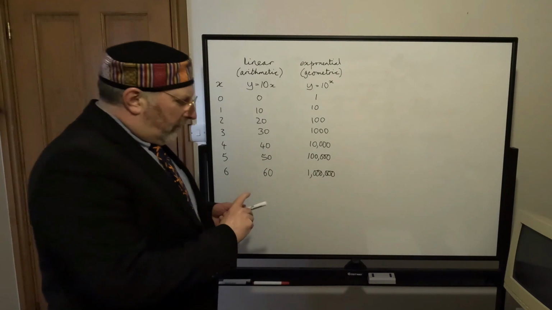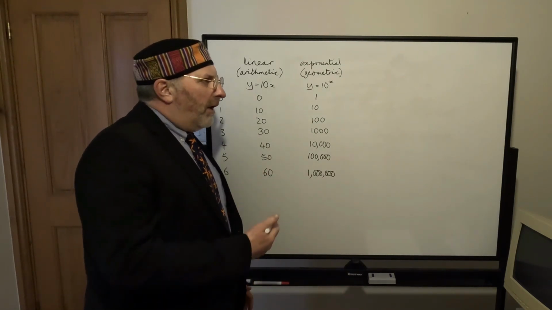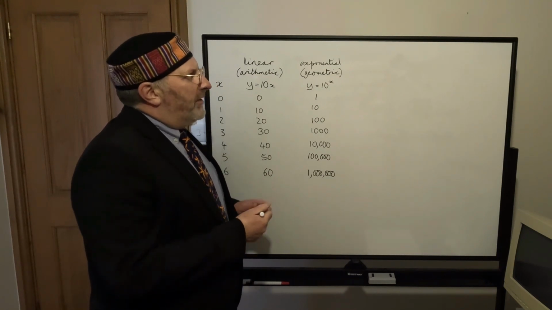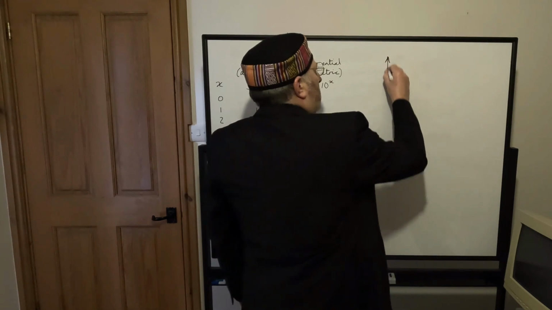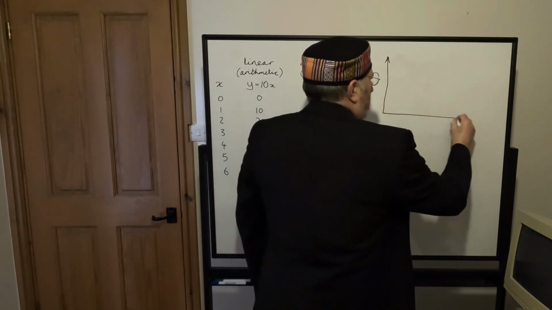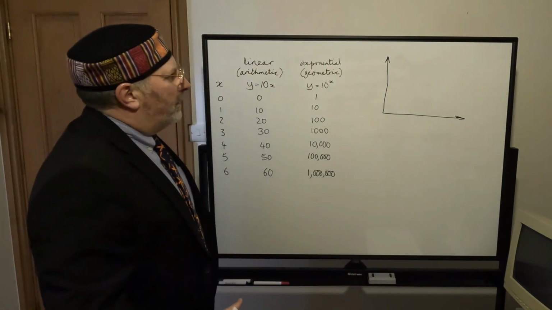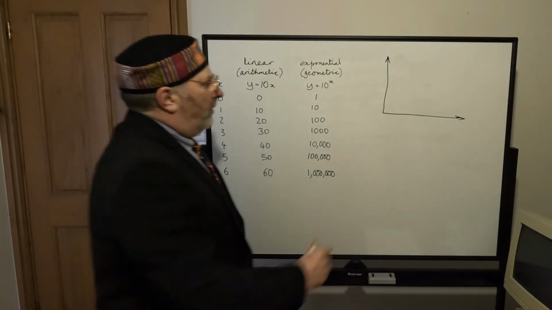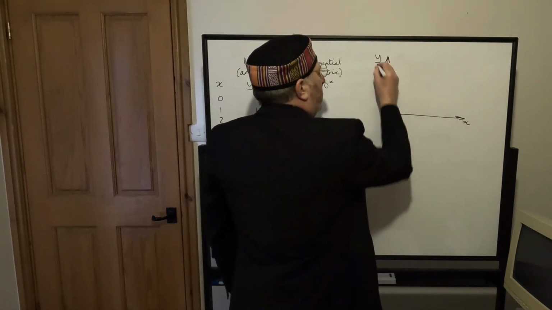Now we're going to look at a useful thing for studying exponentials through graphs, which is a semi-logarithmic plot. So firstly, let's consider plotting this exponential function here on a graph. So I'm going to put x along the bottom and y up here.